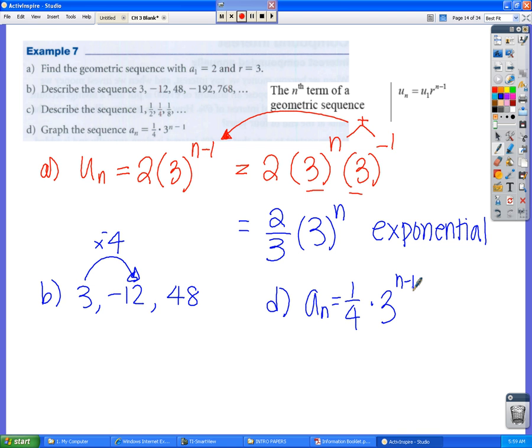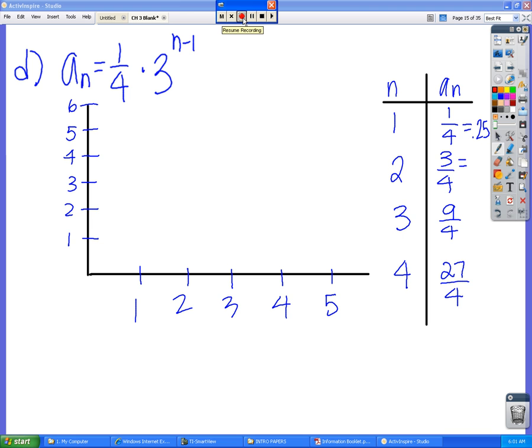So if I wanted to graph this very quickly, so I have the very quick graph to sketch. So the first term is 0.25. I would put the point. The next term being 0.75. The third term being 9/4, which is 2.25.